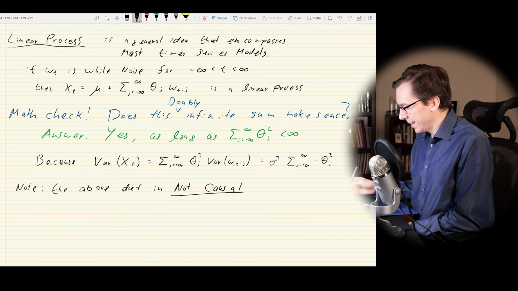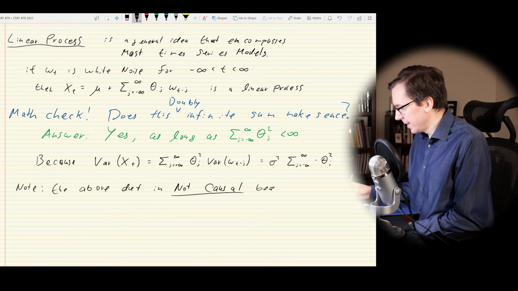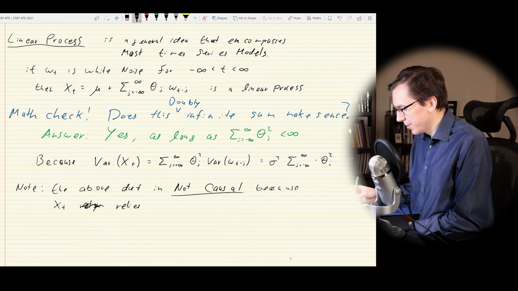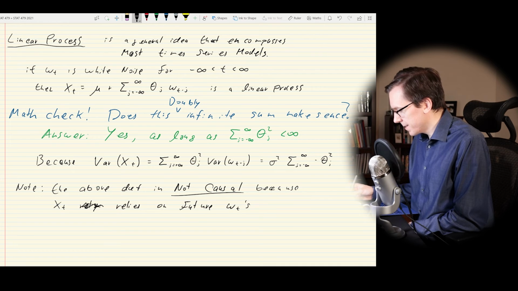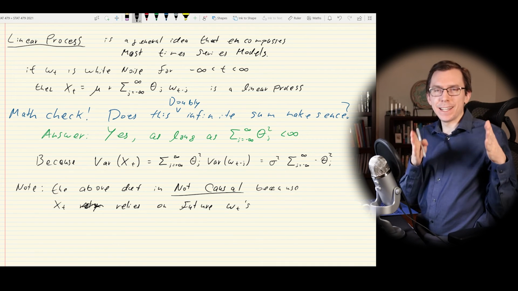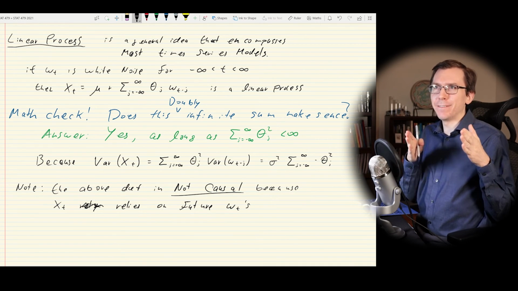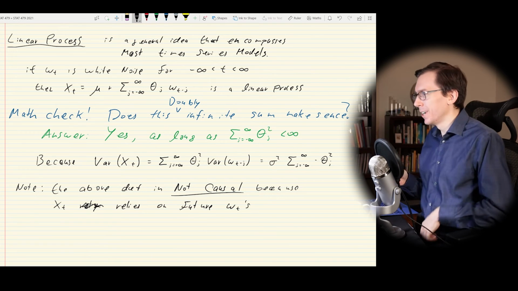But strictly speaking, the above definition is not causal because x_t relies on future w_t's. The present value x_t is a function of the past and the future.